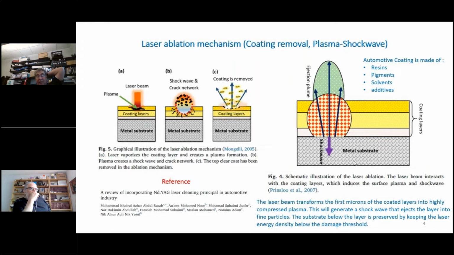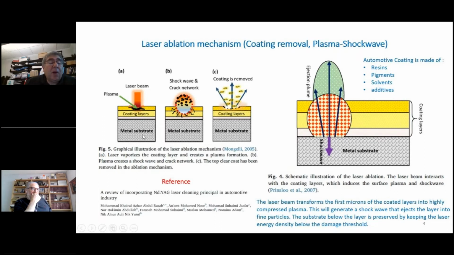So here is also more on the laser ablation mechanism. This is from a paper by Malaysian authors. They were exploring the application of laser cleaning in the automobile industry, and they're showing that there are these paint layers and coatings. The coatings in the automotive industry mostly consist of resins, pigments, solvents, and additives, and these are all deposited on the metal substrate.